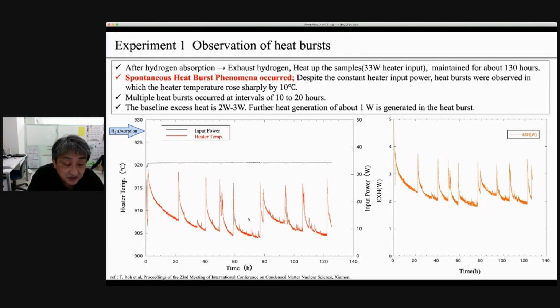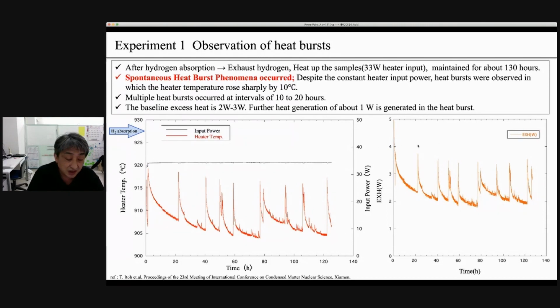Input power was maintained at 33 watts for 130 hours. In this experiment, spontaneous heat burst phenomena occurred. Despite the constant heater input power, heat bursts were observed in which the heater temperature rose sharply by 10 degrees. There are multiple heat bursts observed. Such phenomena are often seen in our experiment.